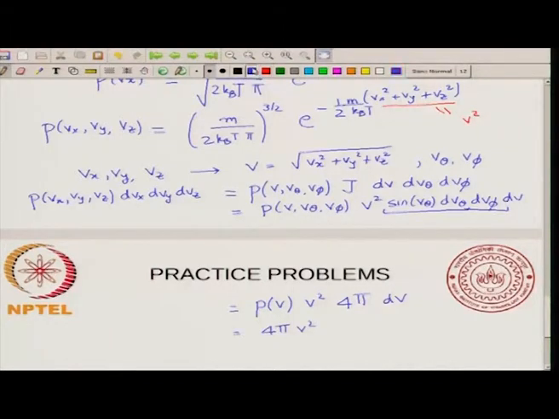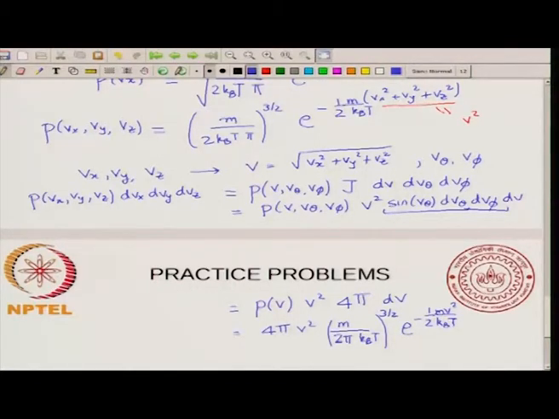Okay. So, that allows us to write this as, so you keep the normalization factor as it is. So, you have m divided by 2 pi kBT, this thing raised to 3 by 2, and you have e to the minus half m V square by kBT.